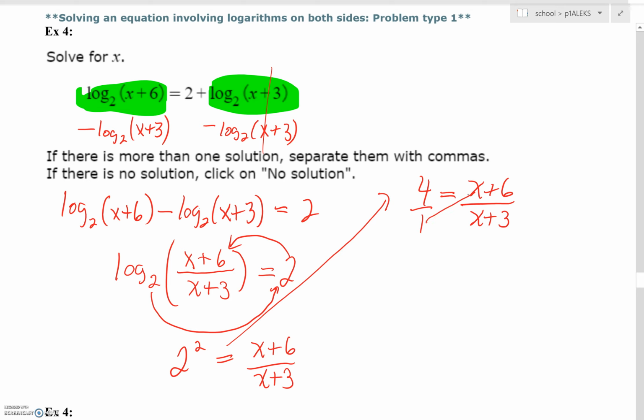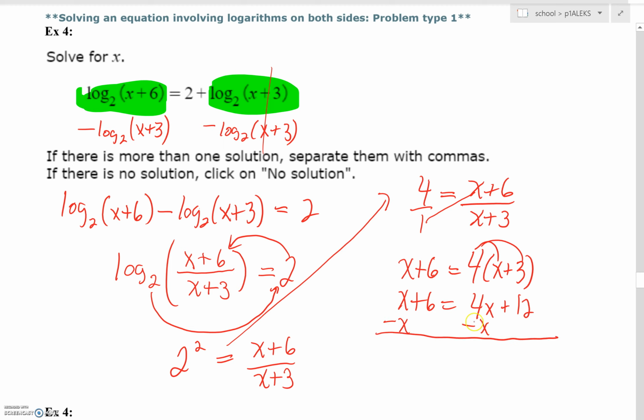And here we go, we're going to cross multiply. 1 times x plus 6 is an x plus 6. Here we're going to have 4 times x plus 3. And guys, we're going to have to distribute. We'll get 4x plus a 12. And I'm going to minus an x from both sides.